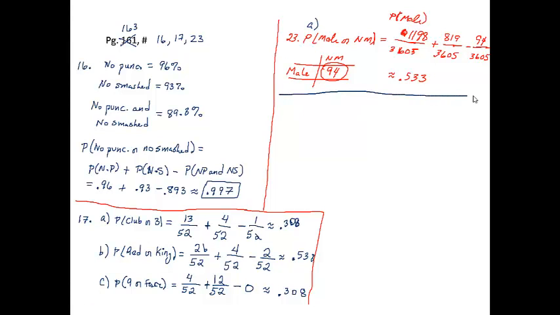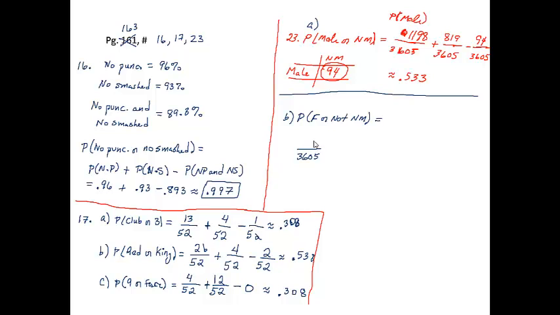All right, let's look at part B. It says the probability the student is female or not a nursing major. So you want the probability of female or not a nursing major. Well, again, we got to find the probability of female first. 3,605 students surveyed.